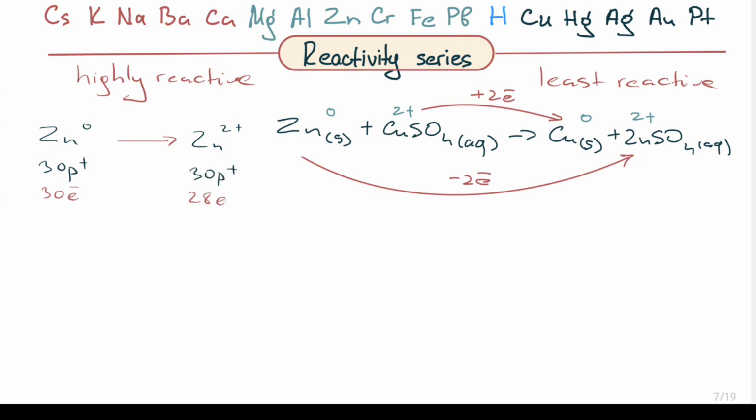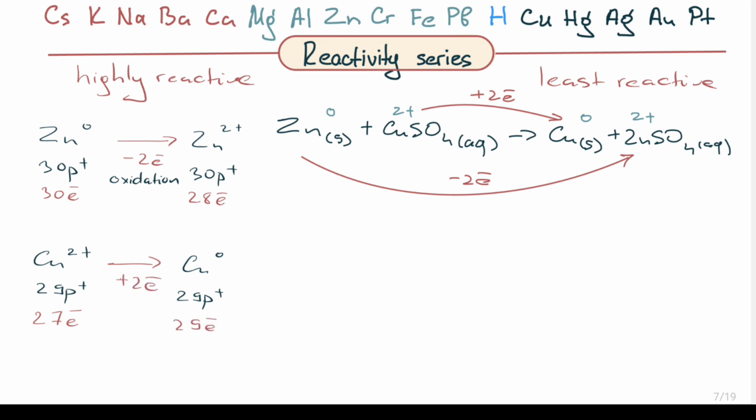After, it has 30 protons but 28 electrons. So zinc will lose 2 electrons, and this is the oxidation process. And copper 2 plus becomes copper 0. Copper has 29 protons and 27 electrons in the beginning because of the positive charge. After, it will be 29 protons and 29 electrons. So it will gain 2 electrons, and this is a reduction process.